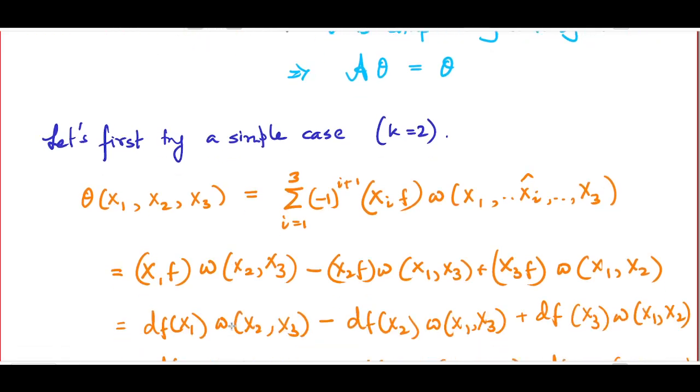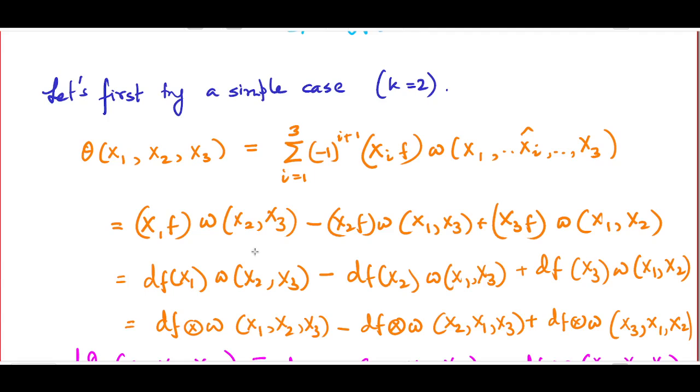Now, let's just realize that a vector field acting on a function is the same as the differential of the function, this covector field or one form, acting on the vector field. So this is df of x1, here you have df of x2, here you have df of x3.